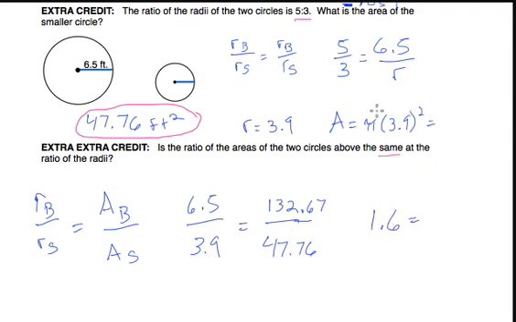And we know this because we know the ratio is 5 to 3, and 5 divided by 3 is about 1.6. And so we should have the same thing here on the right side if they're in proportion. So we do 132.67 divided by 47.76, and that gives us 2.77.